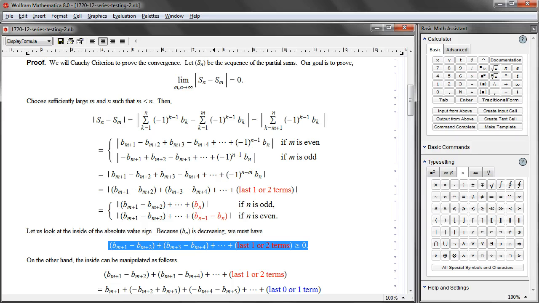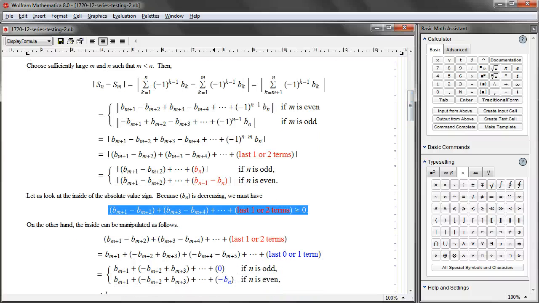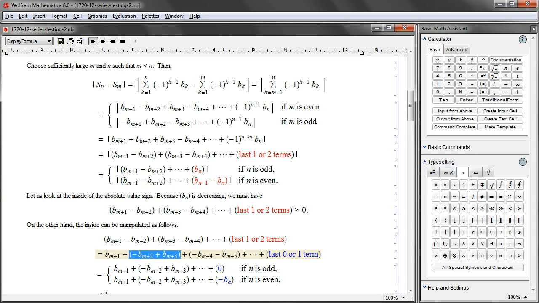Now let's manipulate this a little bit further. Leave the first one, and then take the next pair, and the next pair, and the next pair, and then the last 0 or 1 terms, excuse me. And each parenthesis here will be negative this time because b_{m+2} is greater than or equal to b_{m+3}, and so on.